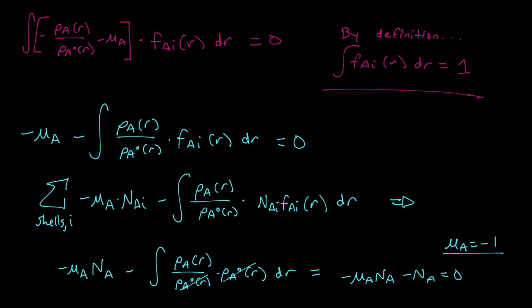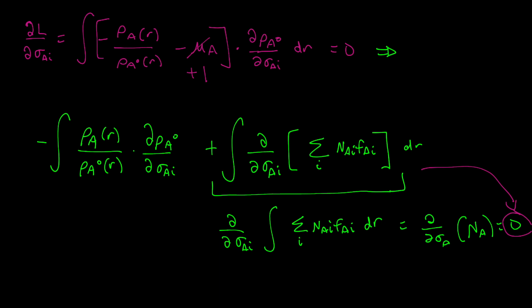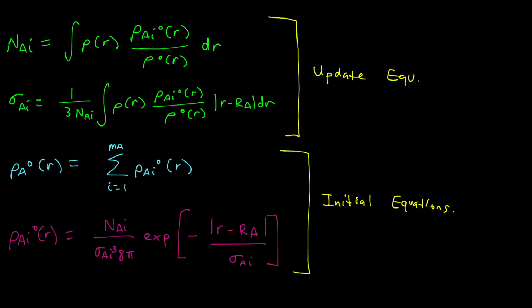Through this process, we get a set of equations describing N AI in terms of rho of r, the molecular density, rho AI naught, the proatomic shell density, and rho naught, the promolecular density, and sigma AI in terms of the same things, except that the electron's distance to the atom's nucleus is a factor.